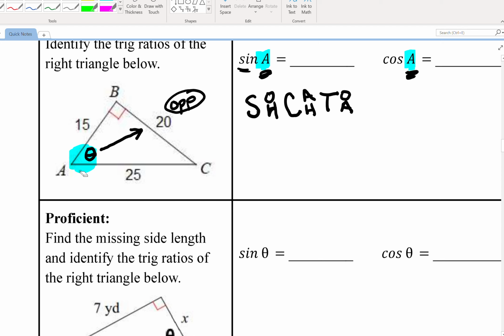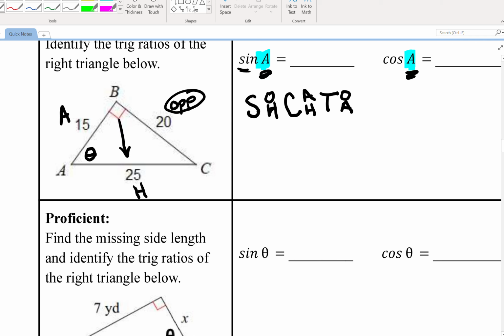But first, you should identify the hypotenuse. The hypotenuse is always opposite the right angle, so that is my hypotenuse. I'll put H for hypotenuse. The side right next to the angle, next to means adjacent, is the adjacent side.